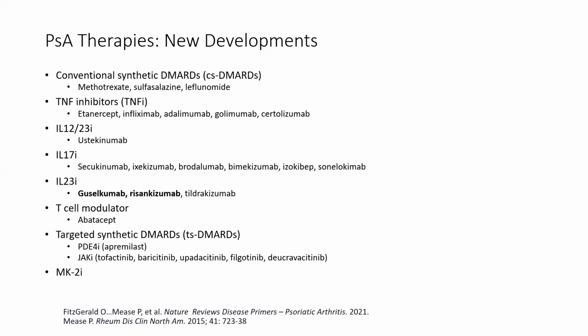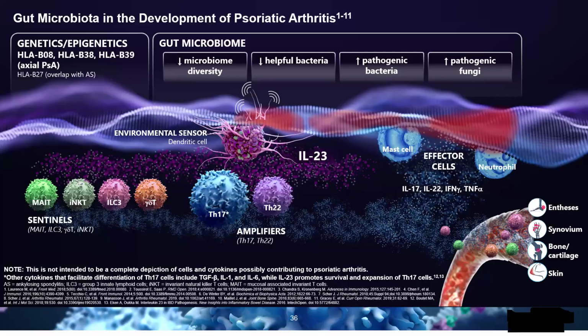There's long-term data with guselkumab and risankizumab, that's Tremfya and Skyrizi, that shows good benefit for psoriatic arthritis. And here's a really pretty cartoon which shows how these drugs work. Right at the middle and the top of the slide, we see this sort of angry dendritic cell that's sitting right next to the intestinal wall. And it's sensing that the microbiome change that we know exists in ankylosing spondylitis and psoriatic arthritis is being sensed as a danger signal.